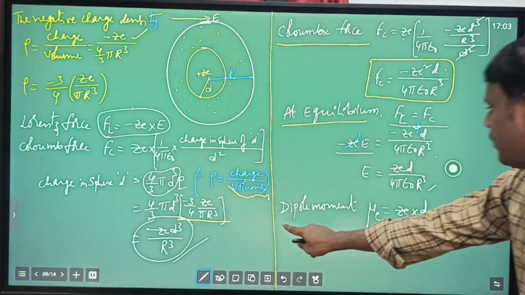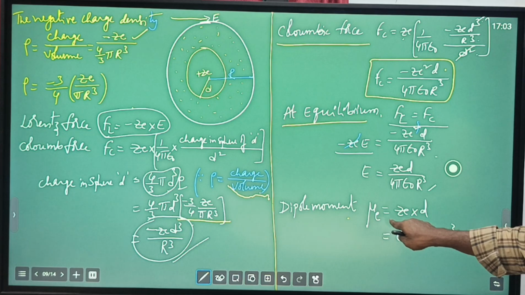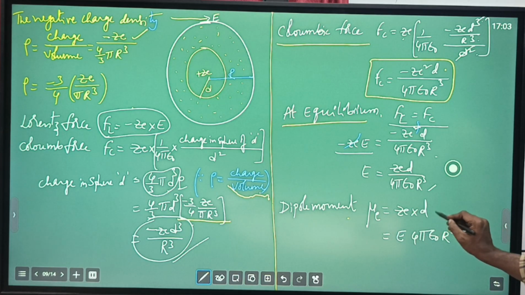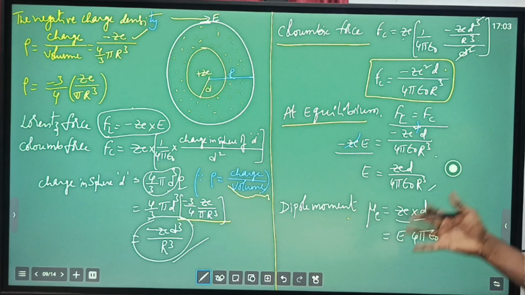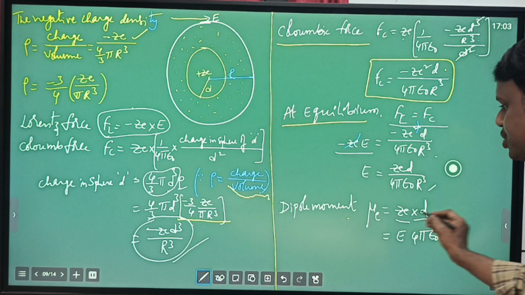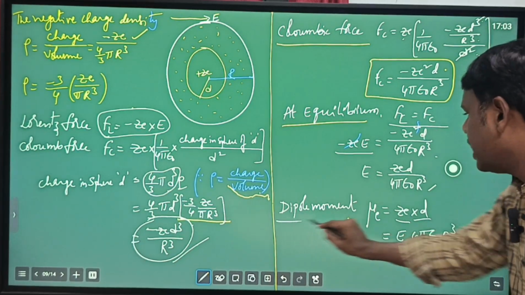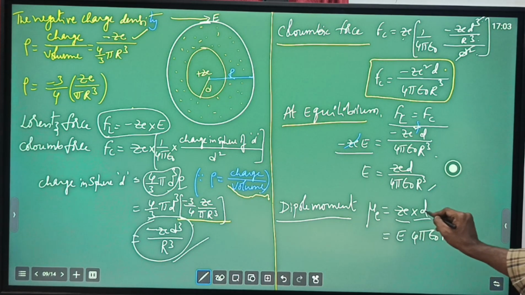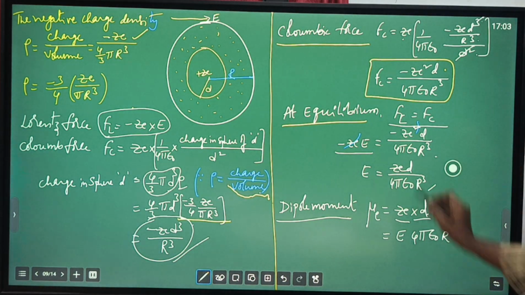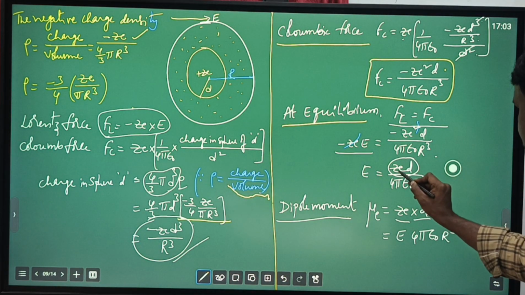We know that the dipole moment mu e is equal to Ze into d, that means charge into displacement.